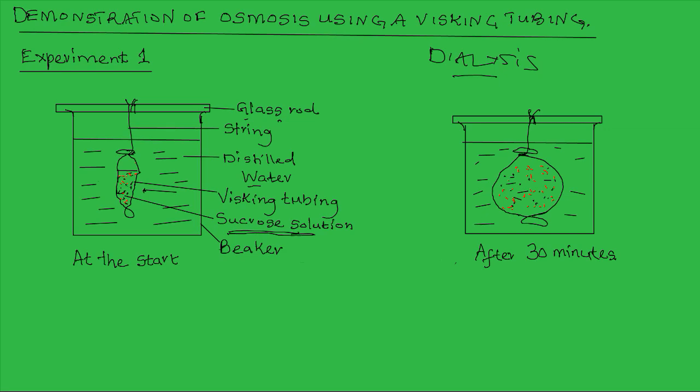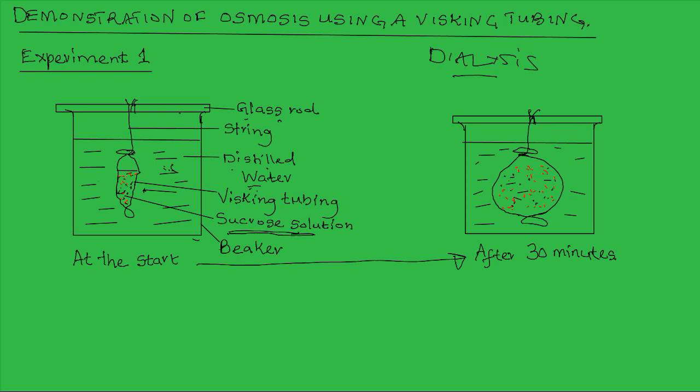Now, after some time, say about 30 minutes, it is observed that the Visking tubing enlarges in size. Now, how do you explain that? The distilled water has a high concentration of water molecules compared to the sucrose solution. So the water molecules move by osmosis into the sucrose solution across the semi-permeable Visking tubing membrane.